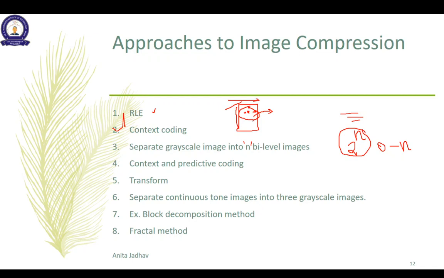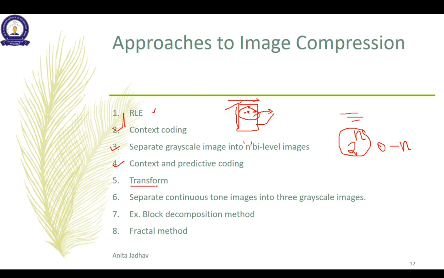Then we say that the next pixel which comes will have this average value of the neighboring pixels which you have calculated. That is your context coding and predictive coding. You have found a context, taken an average, and then you say the next pixel will have this average as its pixel value.